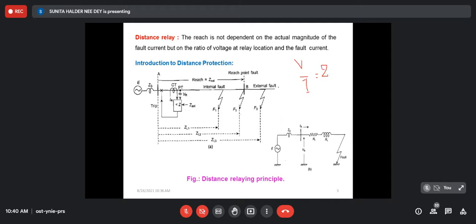But under abnormal condition, when this I goes to I fault, then this Z will deviate much from the normal setting, because in that case Z will be very low. Theoretically I fault may be infinity, so Z will be near zero. So there will be a large fluctuation of Z between fault and healthy condition. In that way, it can differentiate the fault.